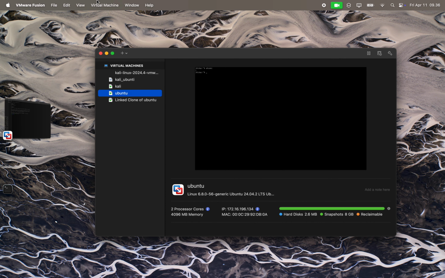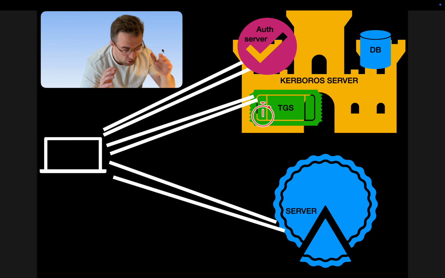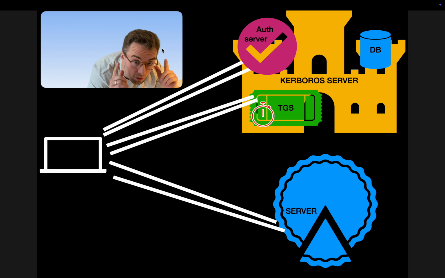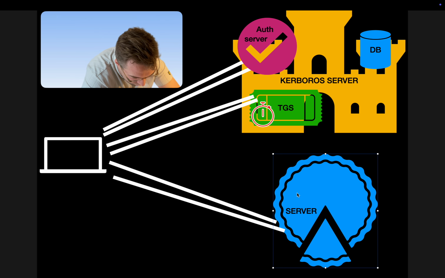So let me just find that here. So in essence, we see that the client, which is our laptop, communicates with a realm or a Kerberos server here. And what happens as the first part is a client. So we look at the use case, it wants to interact with the server.